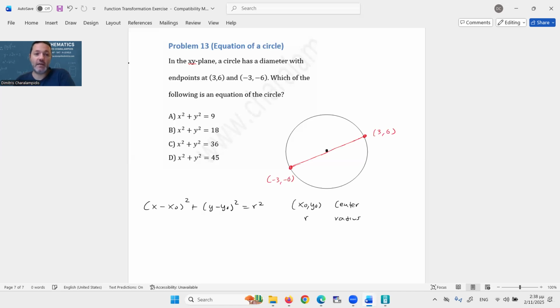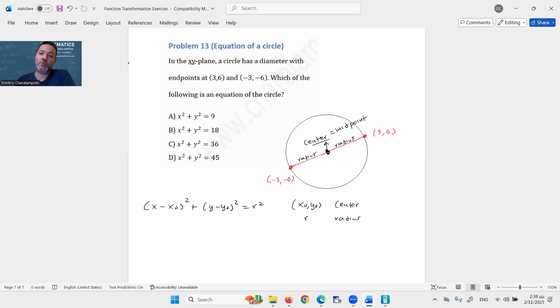Now, in our case, since we were given the endpoints of a diameter, the center is this one. But since that's a diameter, this should be a radius. This should also be a radius, which makes the center the midpoint of these endpoints.